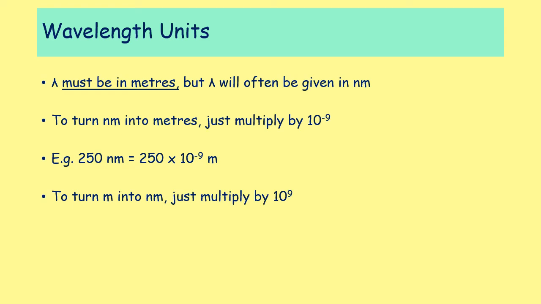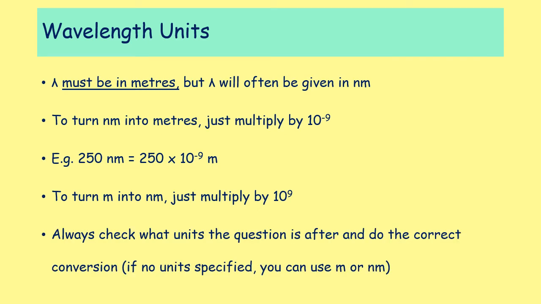If you want to turn meters into nanometers, you multiply by 10 to the 9. It's really important that you check whatever units the question is after and do the correct conversion. And if no units are specified, you're allowed to use either meters or nanometers, but you must include the unit that you've chosen so that you can get a mark for units.